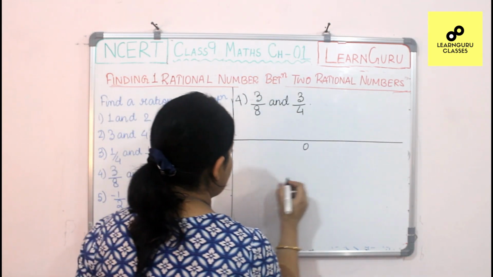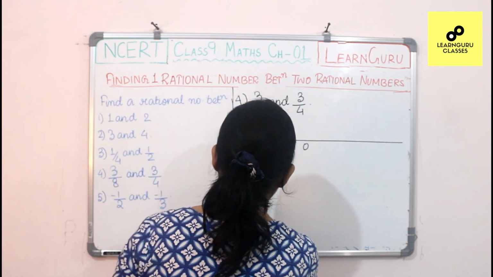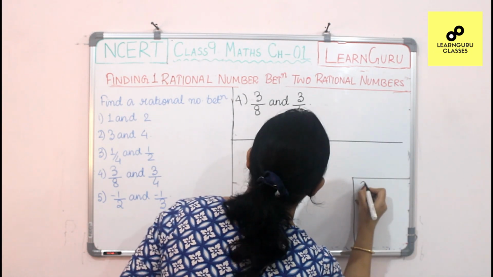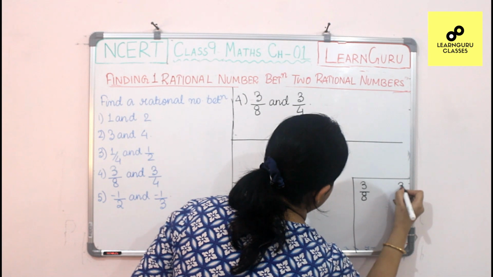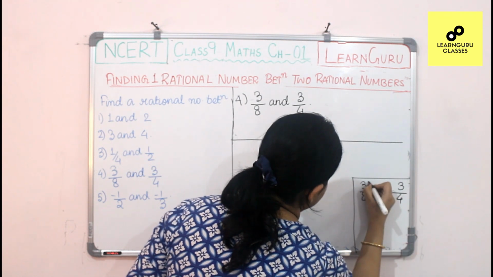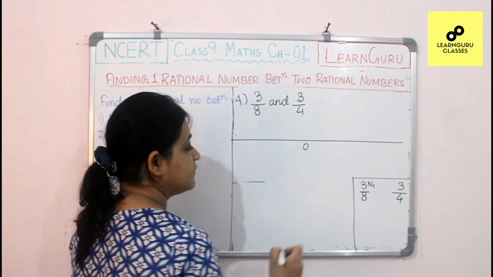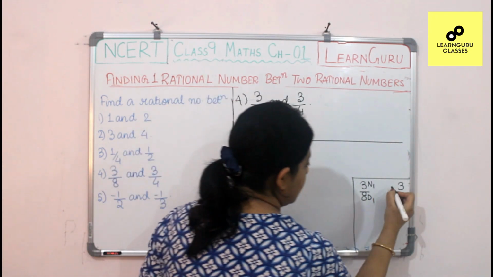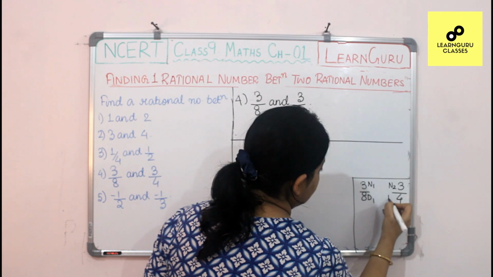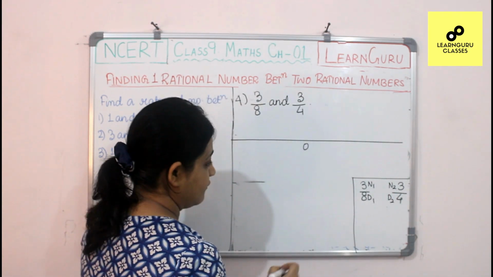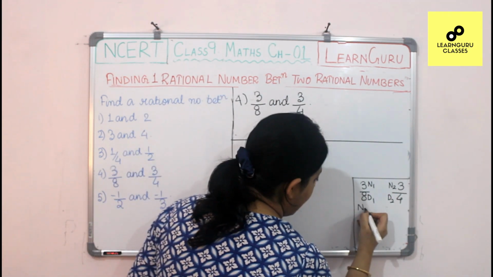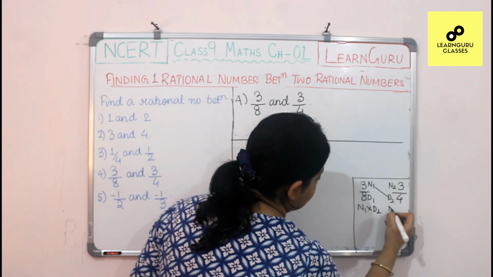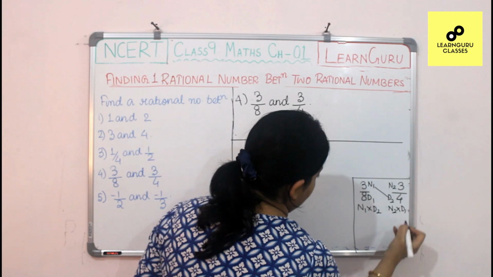So if we go for cross multiplication, let's do a rough work here. 3 by 8 and 3 by 4. This is the numerator of the first fraction. This is the denominator of the first fraction. Numerator of the second fraction, denominator of the second fraction. So, n1 into d2 and n2 into d1.